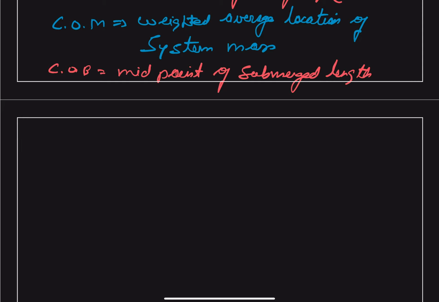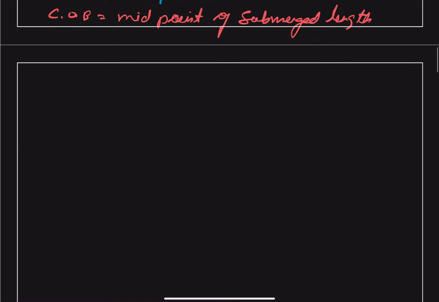So let us draw an approximate diagram for it. Suppose this is a container, the liquid, and we have a stick, something like this, and we assume that the length which is submerged in the liquid is given as h, and the total length is given as L. So the midpoint of the submerged length is h by 2.